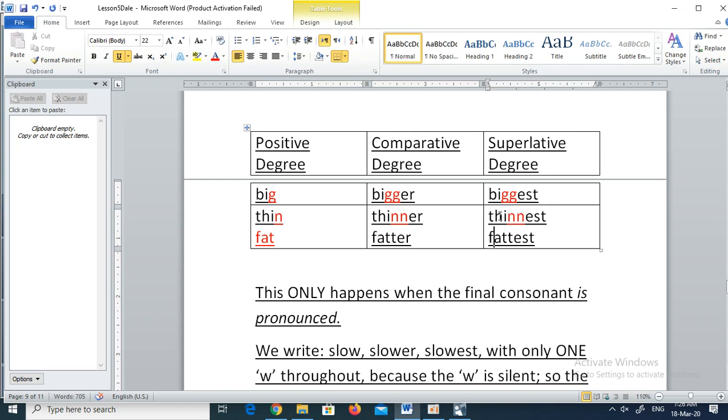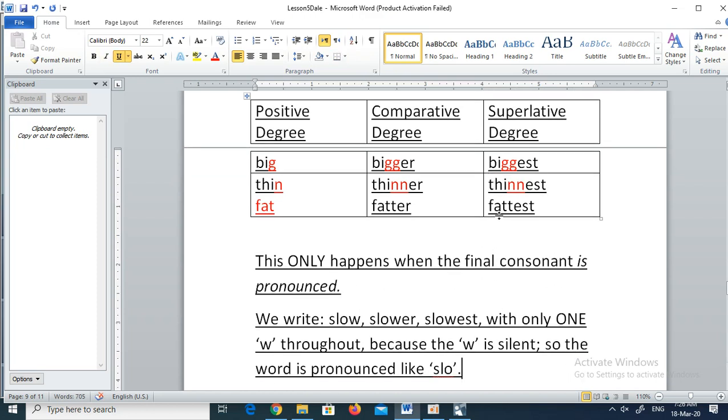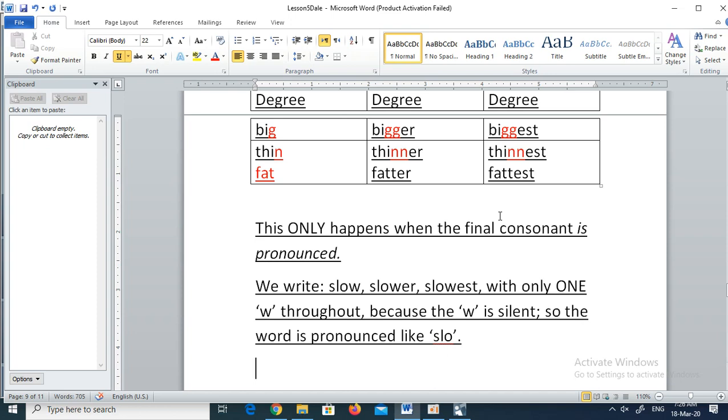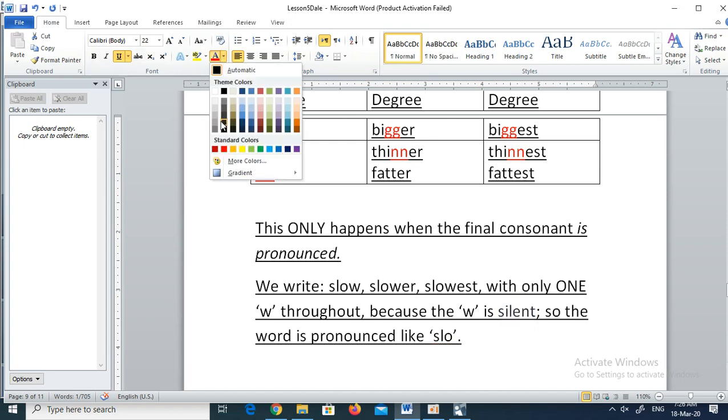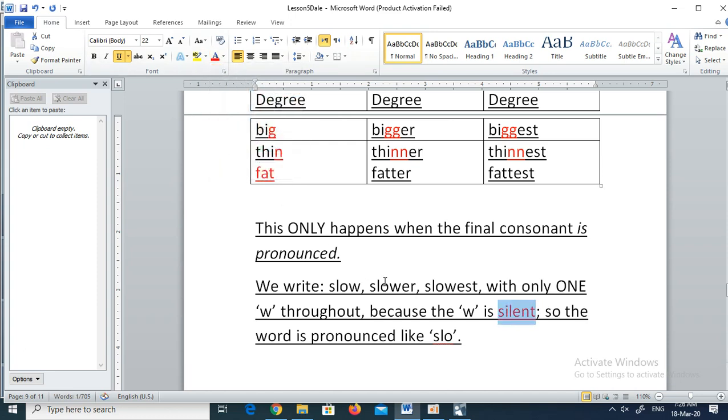Remember, with the doubling of the consonants, it only happens if the final consonant is pronounced. We do not double the W in slower and slowest because the W in slow is silent. So the word is pronounced like slow without a W at the end.